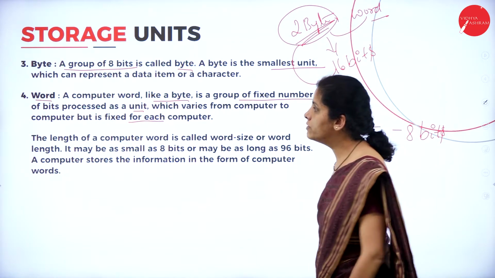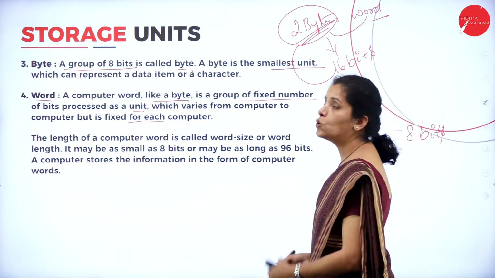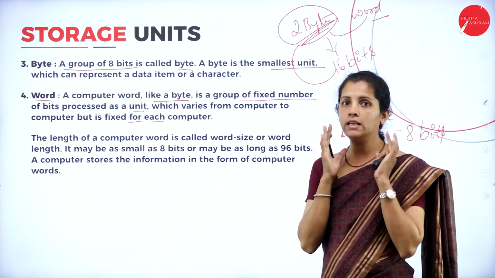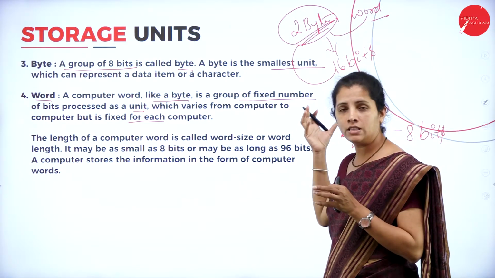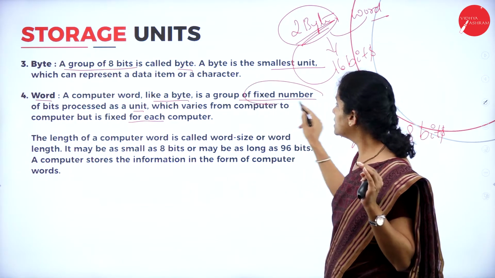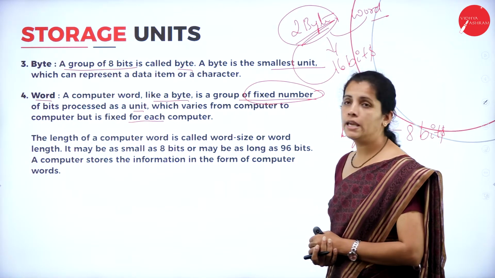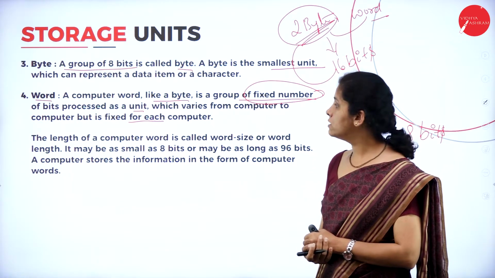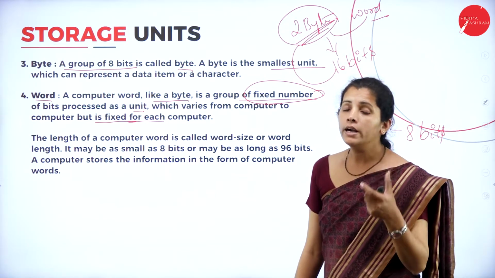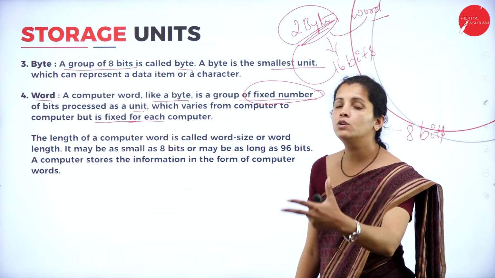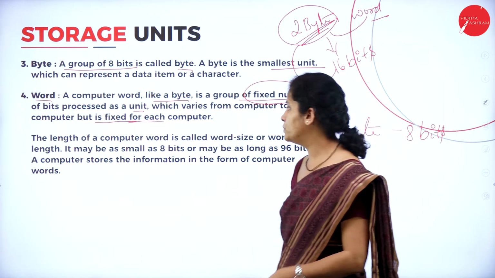So what is 2 bytes? It is one word. So a computer word, like a byte, is a group of a fixed number of bits. When I say it is a word, it is nothing but a group of a fixed number of bits, which is going to vary from computer to computer, but fixed for each computer.